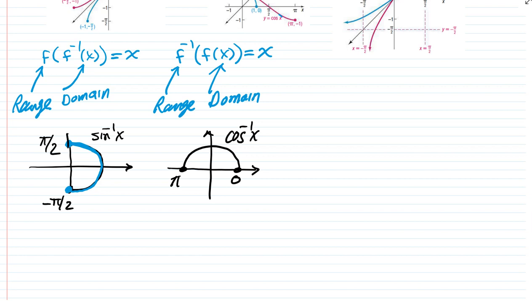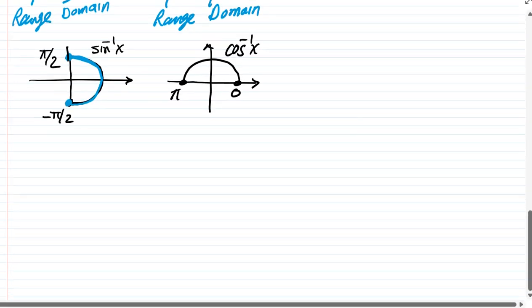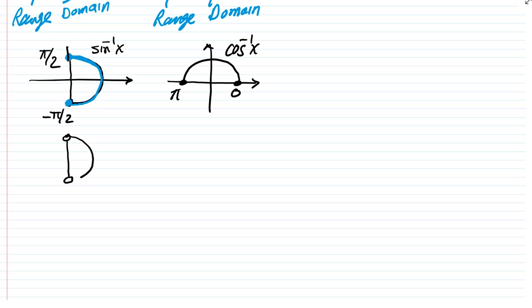For tangent, the range of the inverse, not the domain, because the domain is all real numbers. Actually, let me do this. Redraw what you had for sine. That's redrawing the unit circle. Okay, and the only thing is the endpoints are not included.